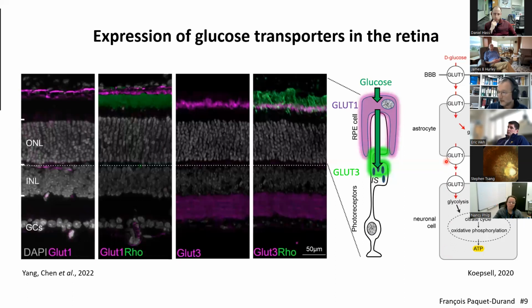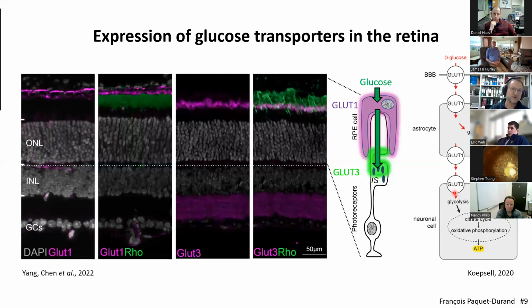What is interesting is that both GLUT1 and GLUT3 are high capacity transporters, but the affinity to glucose is lower for GLUT1 and higher for GLUT3, so that you have a decreasing gradient of glucose from the blood vessels towards the neuron, matched by an increasing affinity of the glucose transporters.